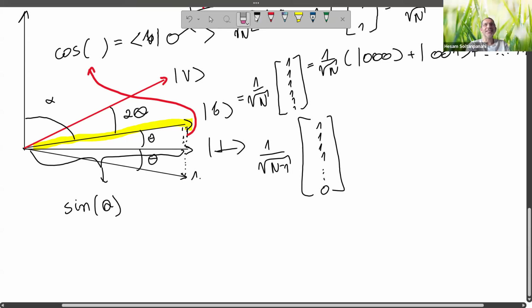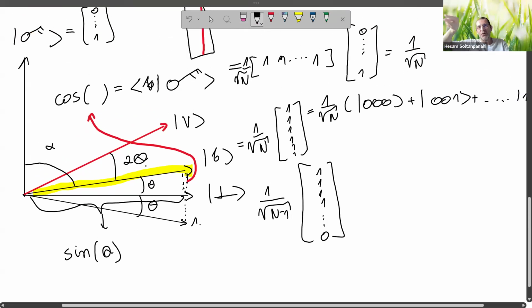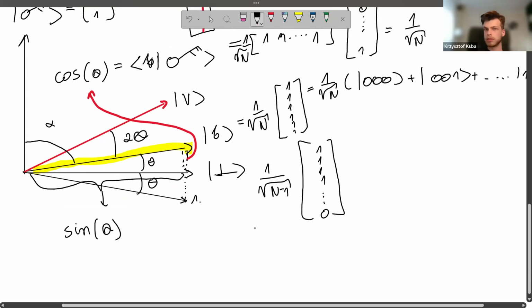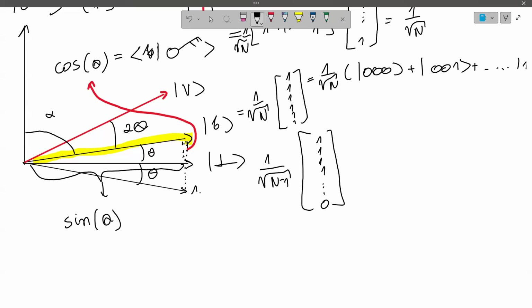No, the sine is the front one. When the argument of the sine is small, sine x is x. Yes, that's right. That's what I'm going for. Then it means that this front one is the sine of theta or the cosine of alpha. This should be the sine of theta or the cosine of alpha.